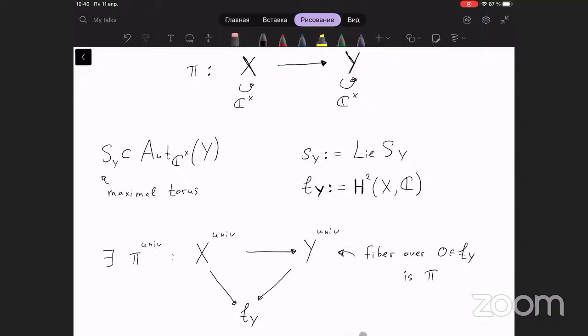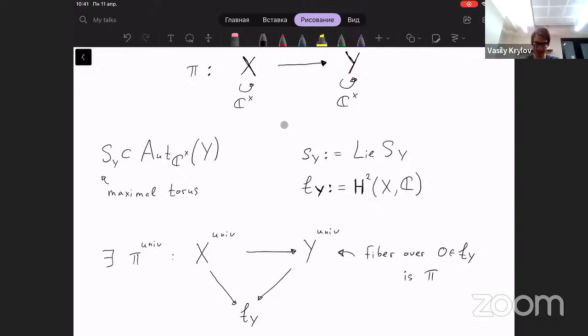So Y is also deforming, right? Yes. And in our case, M0 and R also deform. Yes.